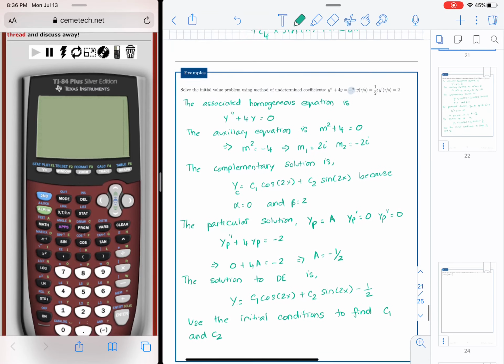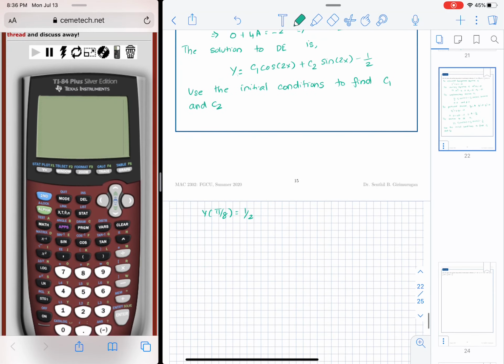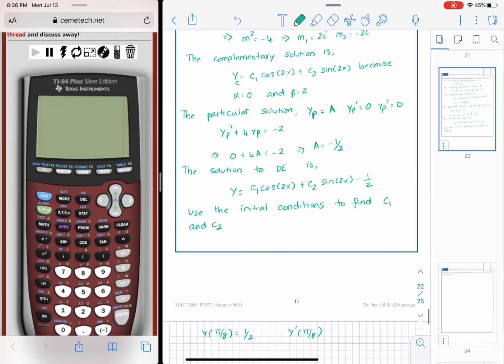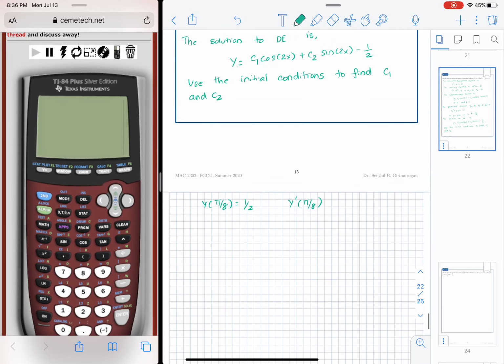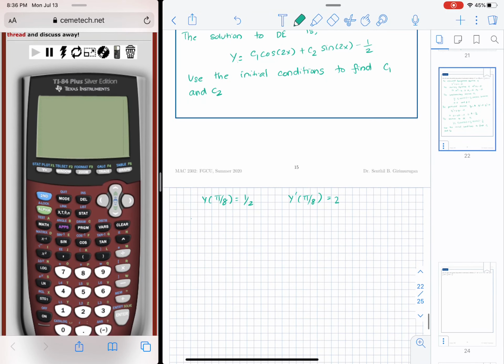And the other condition is y prime of pi over 8 is 2. So we have to find y prime. So y prime is negative 2c1 sine 2x plus 2c2 cosine 2x. And the derivative of minus half is 0.